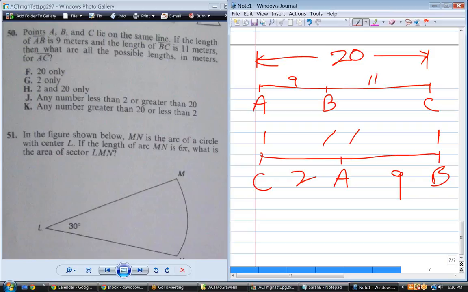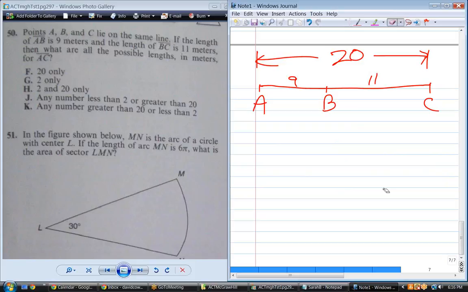Now, if you're taking this test, the giant leap you have to make is these points are not in a row. They're not A, B, and C. They lie on the same line, but they didn't say they were in that order. And if you don't make that leap, the only picture you can come up with is the top one. So you'd be inclined to say 20 only. But know that this problem couldn't be that easy.